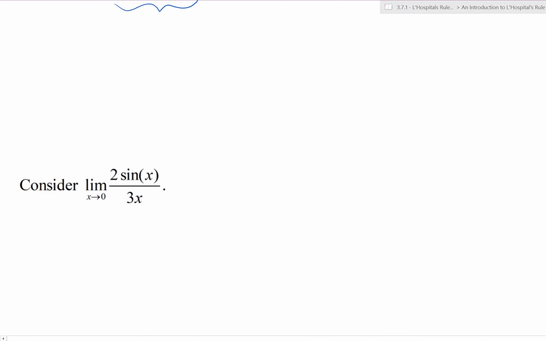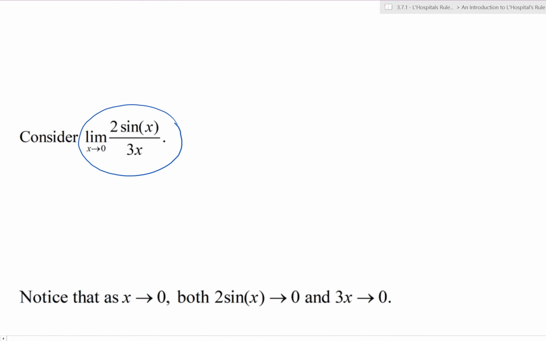Consider this particular limit right here. The limit as x goes to 0 of 2 times sine of x divided by 3 times x. Notice, as x goes to 0, both the numerator, 2 times the sine of x, goes to 0, and the denominator, 3 times x, goes to 0.